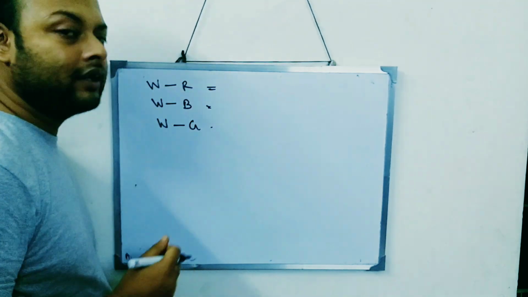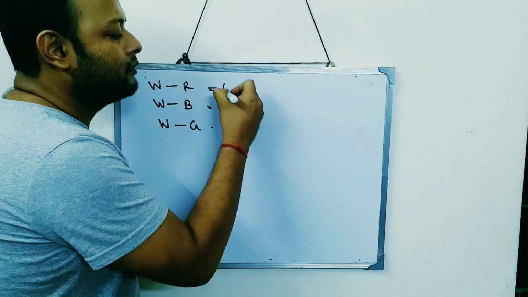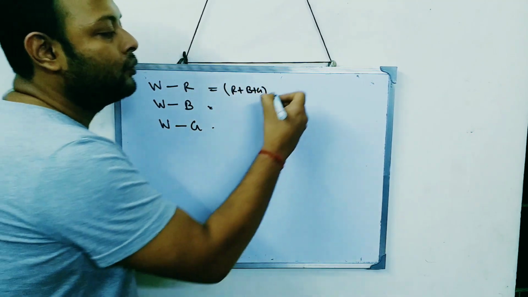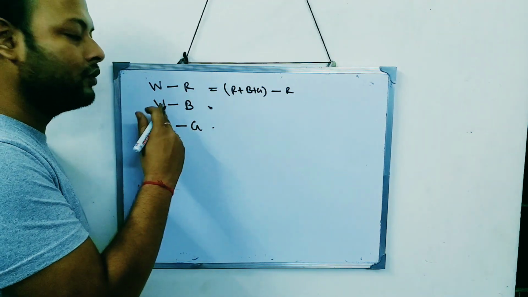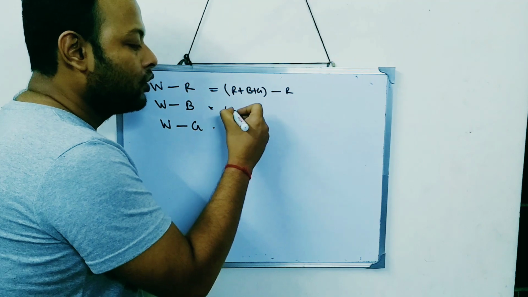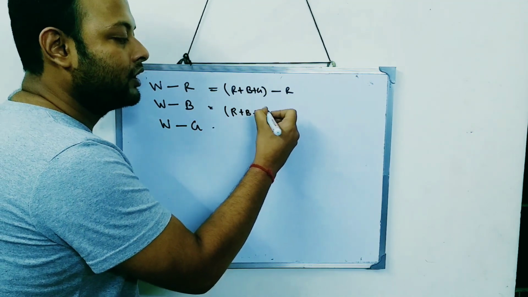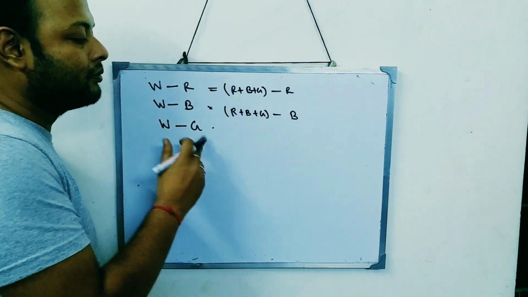So from the white light you are subtracting the red color. White light is nothing but a combination of red, blue and green, and from there we are subtracting the red color. Similarly, from the white we are subtracting blue. White is nothing but a combination of red, blue and green. Similarly, white minus green.